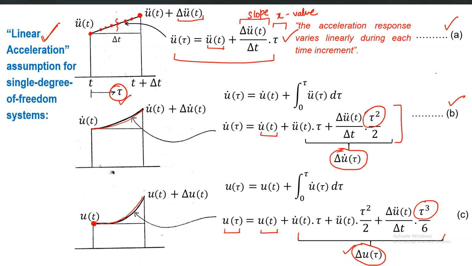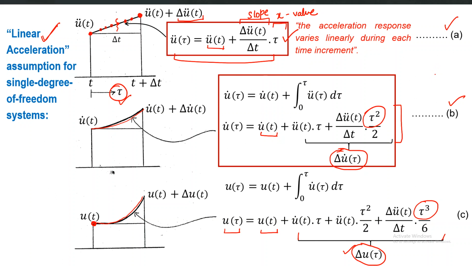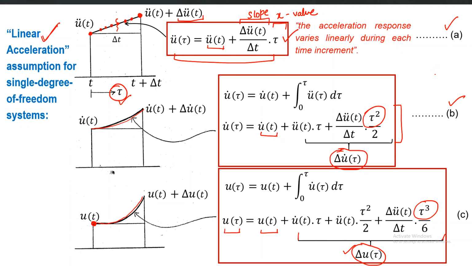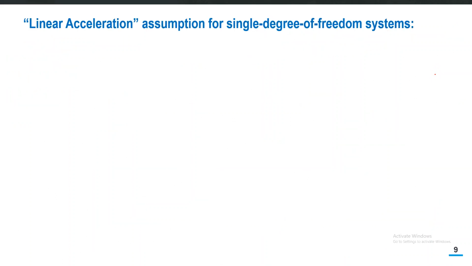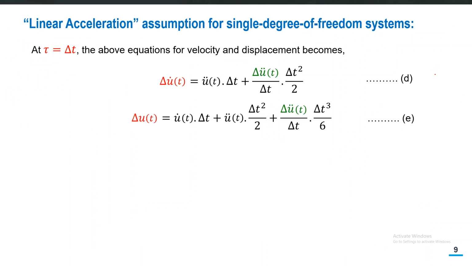So equation B and equation C are the result of equation A, which was our basic assumption, the linear acceleration assumption. These three equations help us in actually solving the governing equation of motion. So this assumption basically simplifies our task of solving the equation.